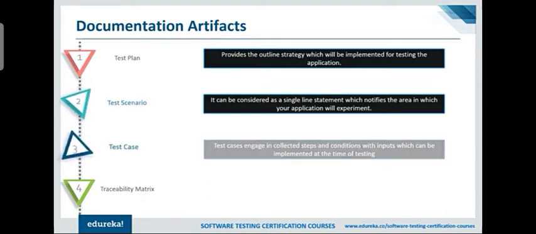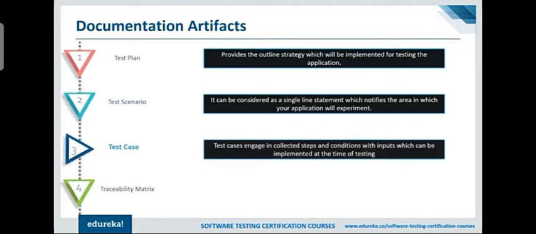Next is test case. Test cases are a collection of steps and conditions with inputs which can be implemented at the time of testing. This activity focuses on making sure whether a product passes a set of tests or fails by any means, such as functionality or other aspects. Many types of test cases are checked during testing, like functional test cases, negative error test cases, logical and physical test cases, and user interface test cases as well.